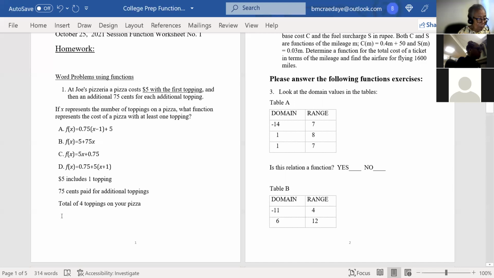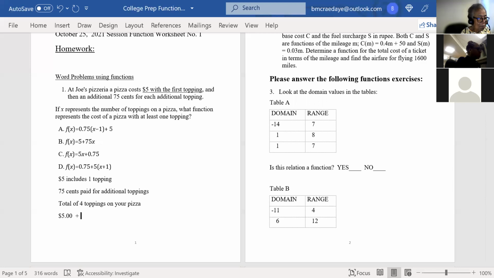Right up front, you're going to pay $5, so let's just put the $5 here. Now that $5 includes 1 topping, so you're paying for 3 toppings. So what's the cost of 3 toppings at 75 cents? Yes.